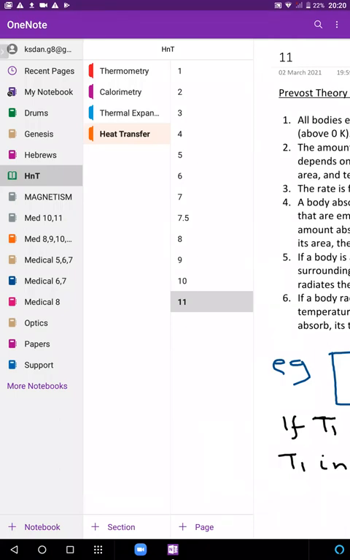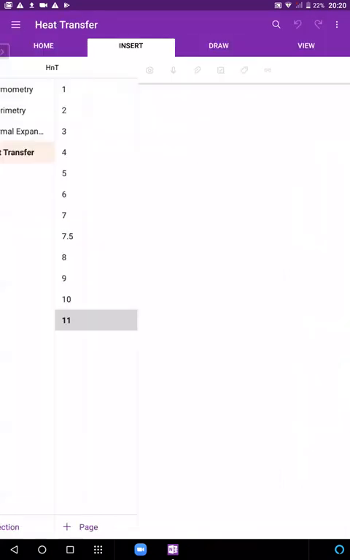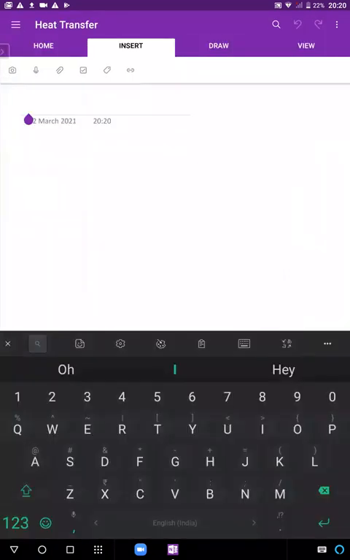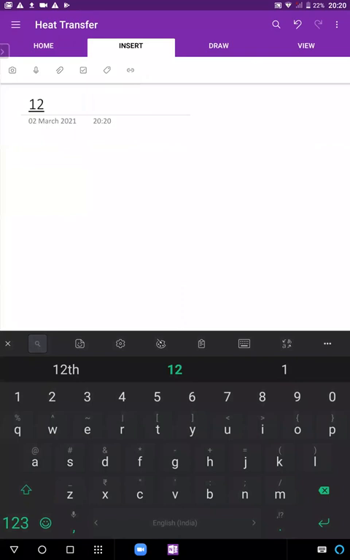You can make a body which is very, very close to an ideal black body. Fery's black body is a good example of an ideal black body. The probability of it reflecting light is almost negligible.